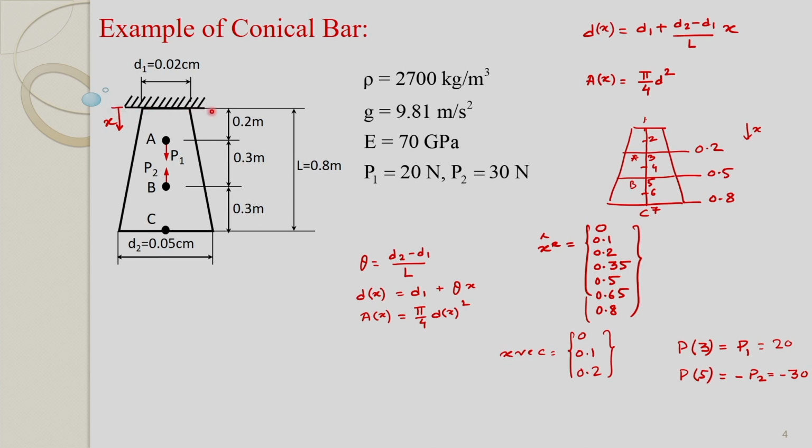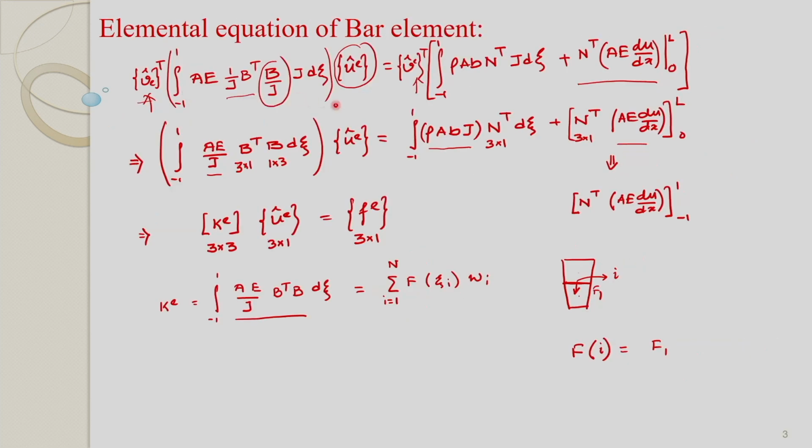Now, what about at x equal to 0 and x equal to L? If you see the problem, at x equal to 0 our u is 0, then the variation at x equal to 0 is 0, so this boundary term is not there at x equal to 0.